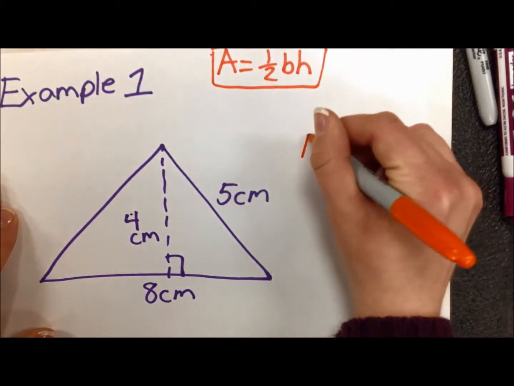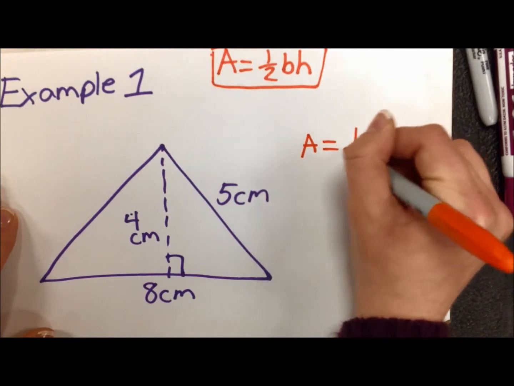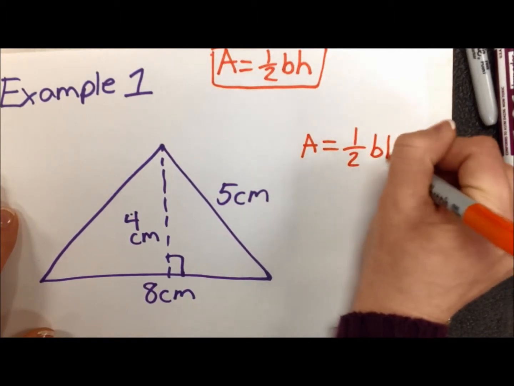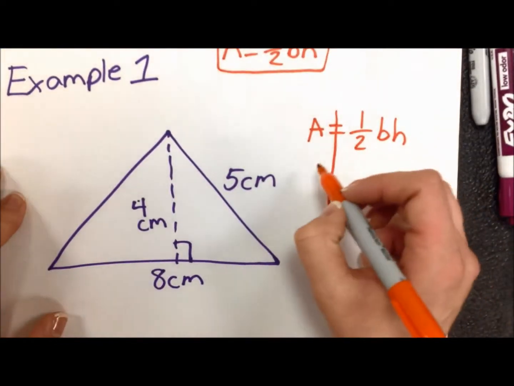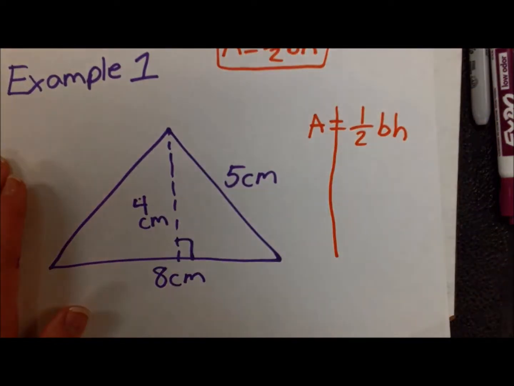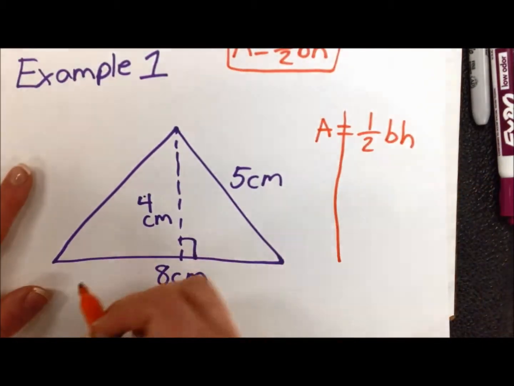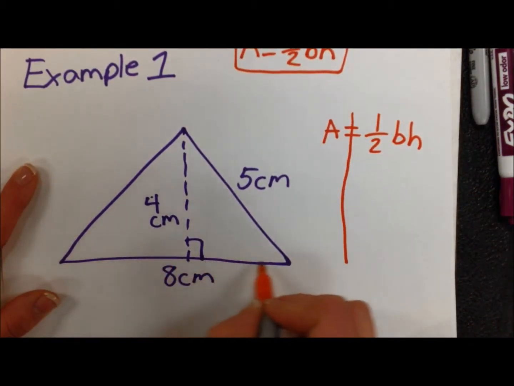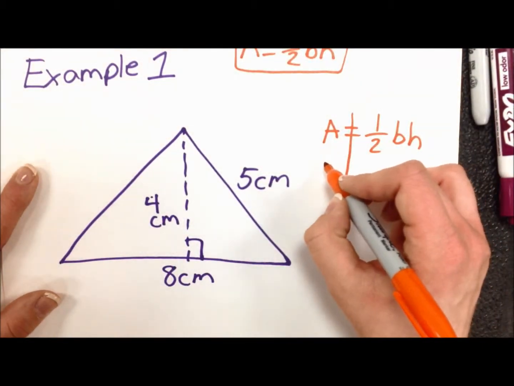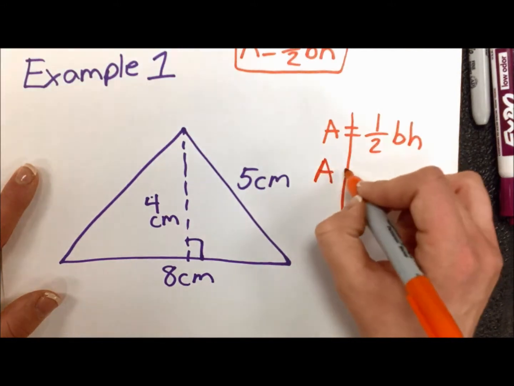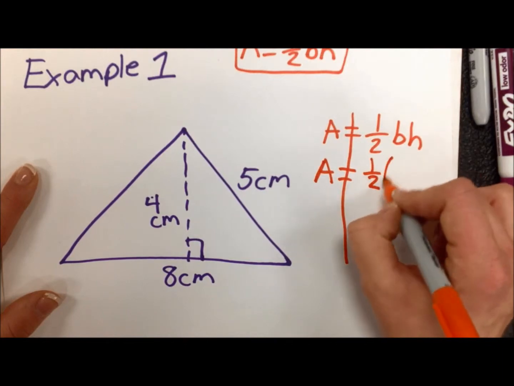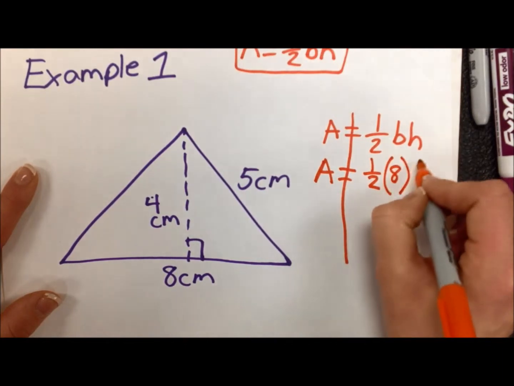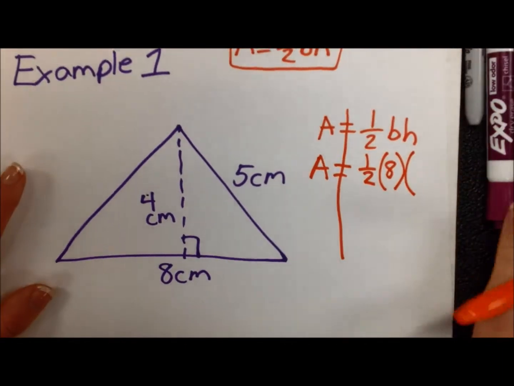So if we know the formula, area equals 1/2 times the base times the height, draw our line so we stay in line. If we look, we can see that our base is right here at 8 centimeters. So I'm going to plug and chug what I know. I know 1/2. I know the base is 8. But now I need to figure out my height.